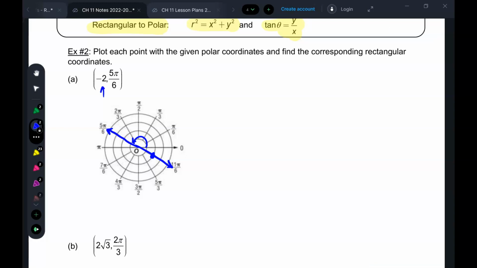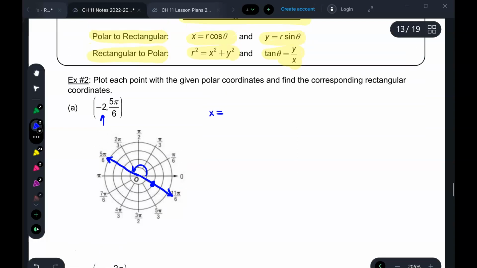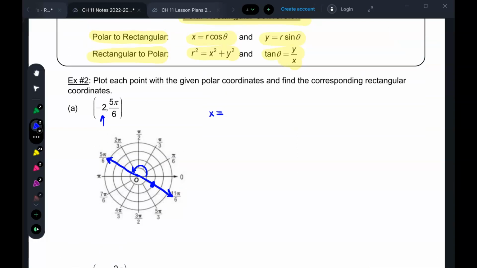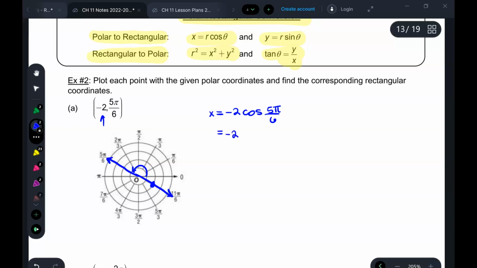Now let's find the coordinates. x equals r cosine theta, so negative 2 times cosine of 5 pi over 6. Cosine of 5 pi over 6 is negative root 3 over 2, so we get positive root 3.